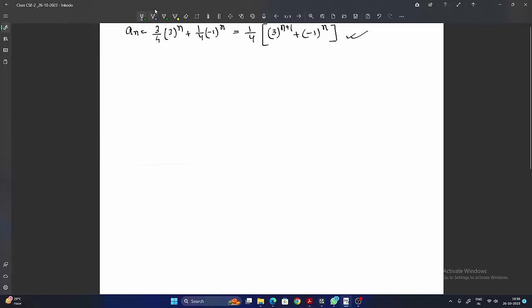Now you have to calculate a7. For a7, put n is equal to 7. You get a7 is equal to 1 by 4 into 3 to the power 7 plus 1 plus minus 1 to the power 7. That means 1 by 4 into 3 to the power 8, and minus 1 to the power 7 is minus 1. What is the value of 3 to the power 8?